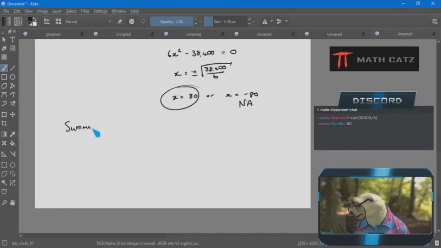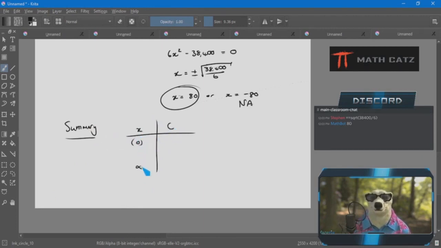Let's just summarize that. X values and not volume. That was the previous question. Cost. I do have these extreme situations, but we've already said that the cost is going to blow up whenever x gets close in those directions, or heads in those directions.